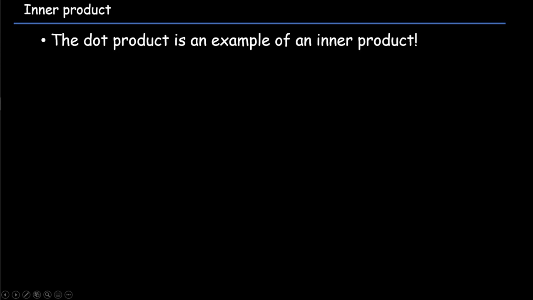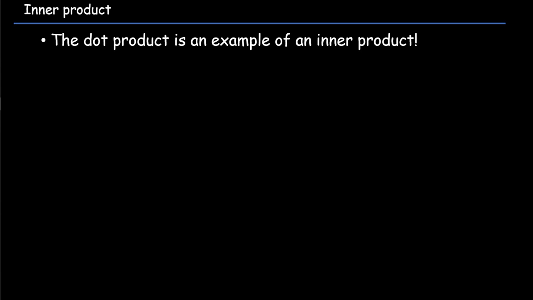So in general, when we talk about inner products, we are talking about a specific type of structure within a vector space. Last lecture, when we discussed the dot product, the dot product is essentially an example of an inner product.